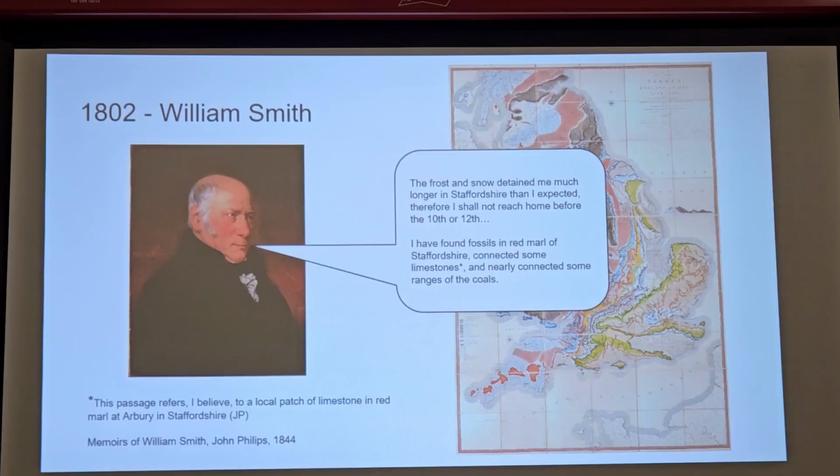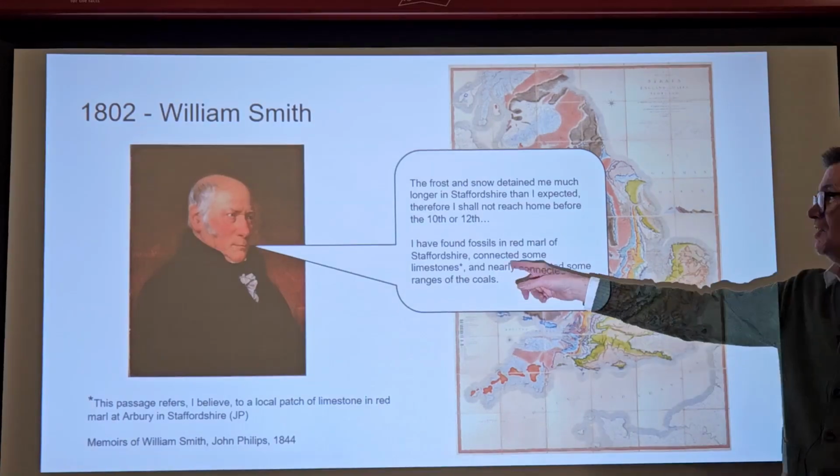In there are various accounts of conversations with Smith, and letters from Smith, and Phillips' own account of Smith's journeys and observations. So Smith, in 1802, got caught in Staffordshire because it was frosty and a bit snowy. So he got delayed and couldn't head home when he wanted to.